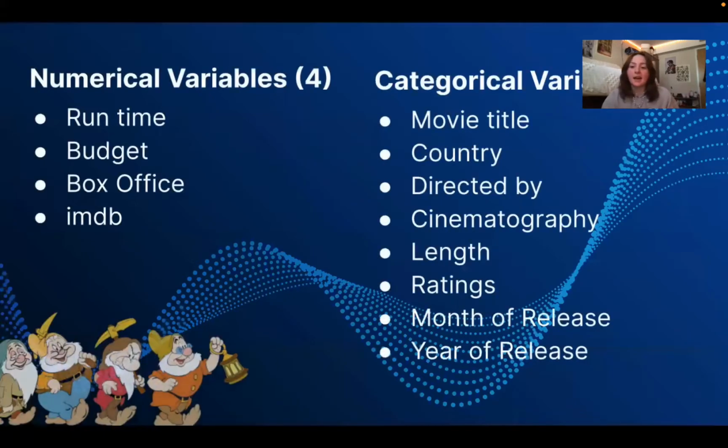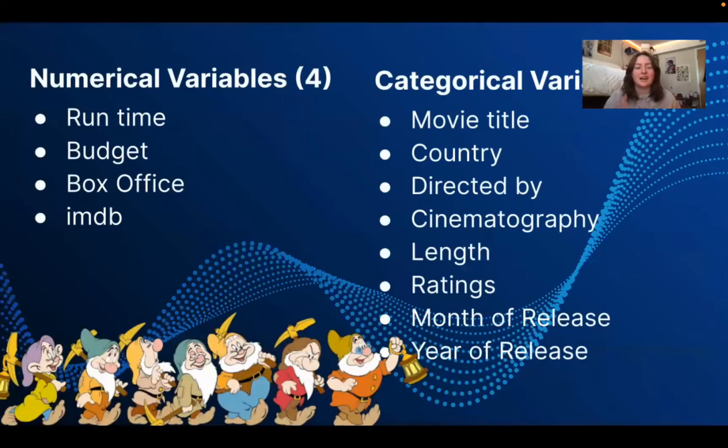And on this slide, we really wanted to show a clear distinction of what's going to be numerical and what's going to be categorical. And so, as you can see with the numerical variables, there's the runtime, the budget, the box office, and the IMDb. And then the other 8 are going to be in the categorical variables section.